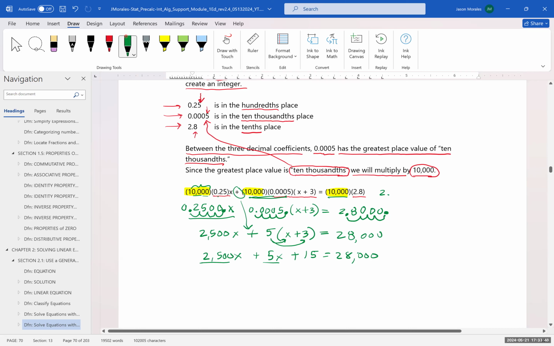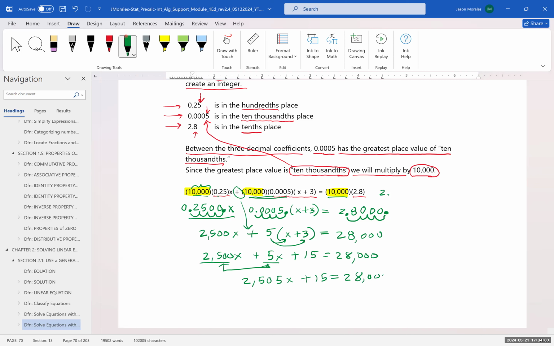So we've got like terms here, so we can add those two together. So we have 2,505x plus 15 equals 28,000. And then subtract 15 from both sides. That goes to 0.